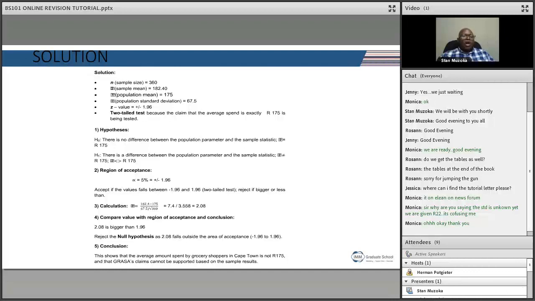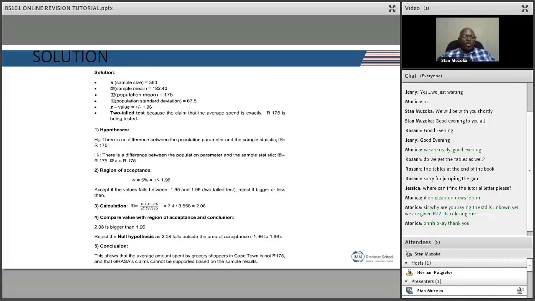The next step is to calculate the z-calc value, which is the sample mean minus the population mean divided by sigma over square root of n. And your value is 2.08. You now compare 2.08 to your z value, which is shown as alpha there. 2.08 is larger than plus 1.96.